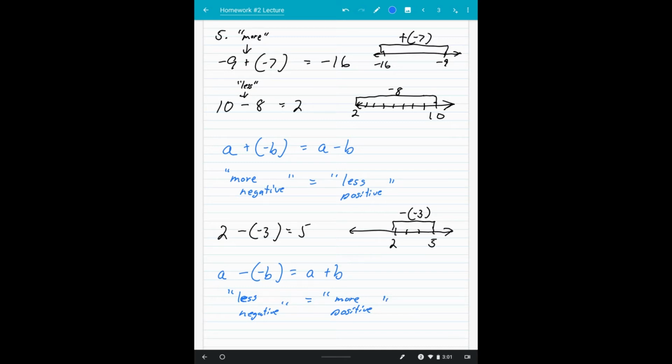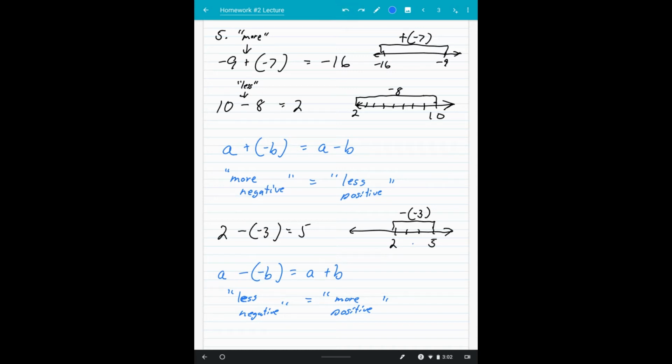So ways that we can use this are with our arithmetic rules. Personally, I don't like seeing a sign and a parentheses next to each other, like a plus and a parentheses next to each other, or a minus and a parentheses next to each other. It gets confusing. So instead of plus negative, we just change it to minus. And instead of minus negative, we just change it to plus.